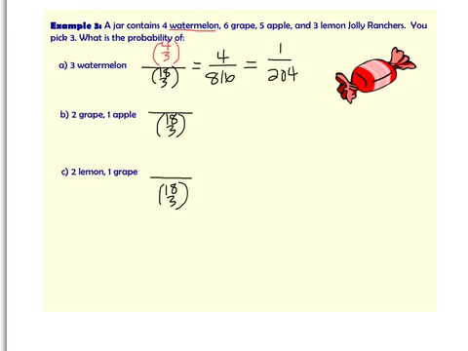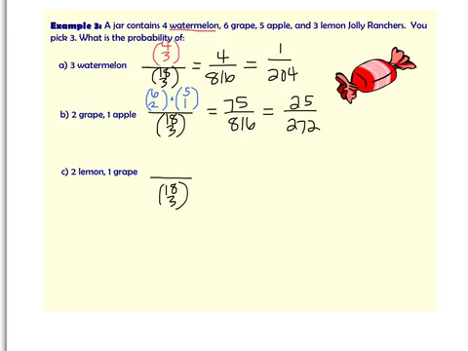For part B, let's pick 2 grape and 1 apple. So to get 2 grape, there's 6 total grape, we want 2. We'll multiply that by, to get 1 apple, there's 5 apple, choose one of them. So if we multiply those numerators together, we'll get 75 over 816, and that's 25 over 272.